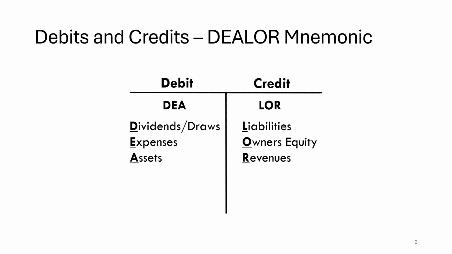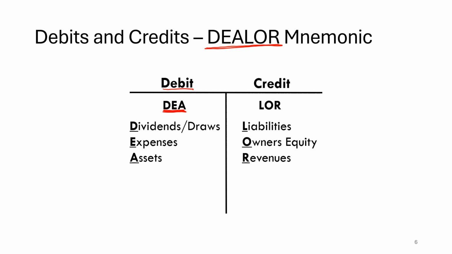So over on the left side, we have the word debit. And we are going to remember the word dealer as a mnemonic to help you remember which accounts are on the left side, on the debit side. So DEA is the first half of dealer.